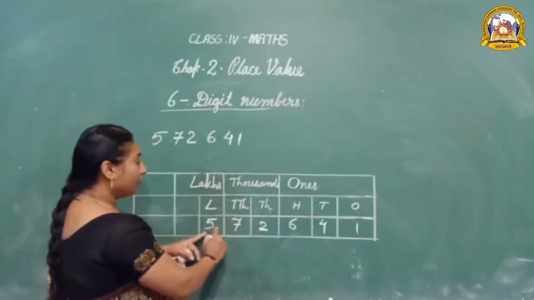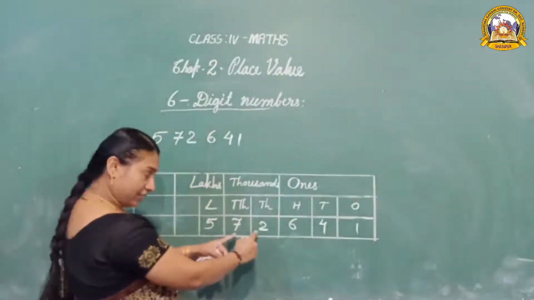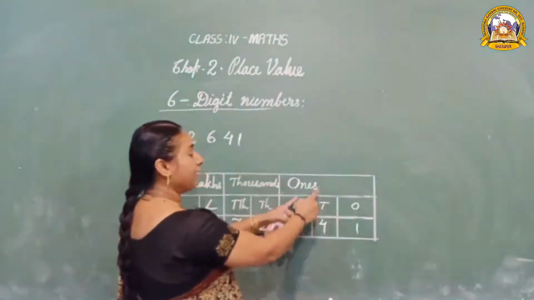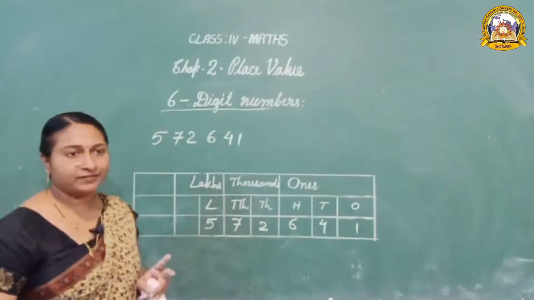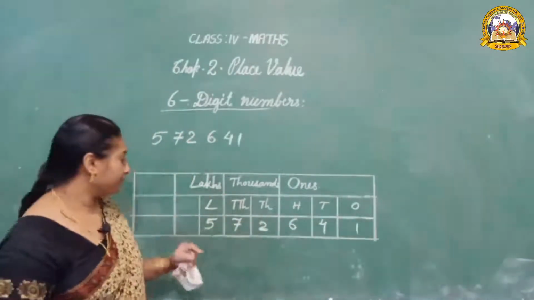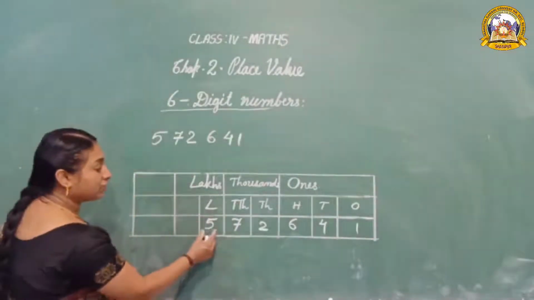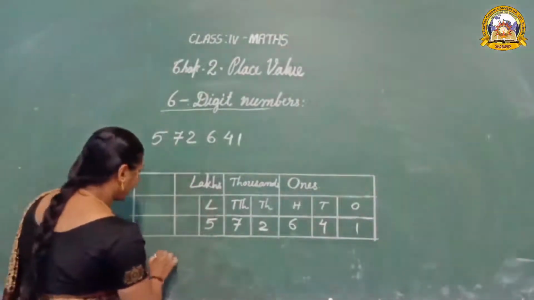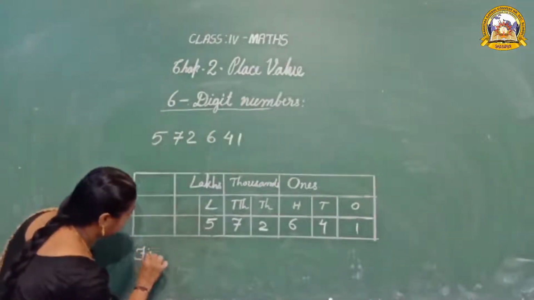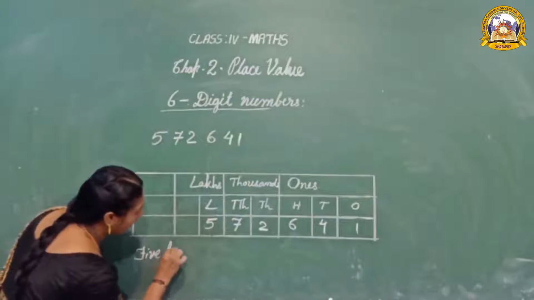Look here. 5 lakhs, 72,641. Let us write the number name. How can we write? You can see 5 lakhs.